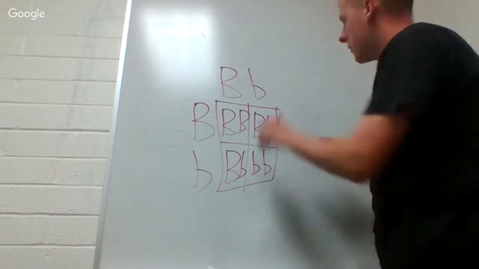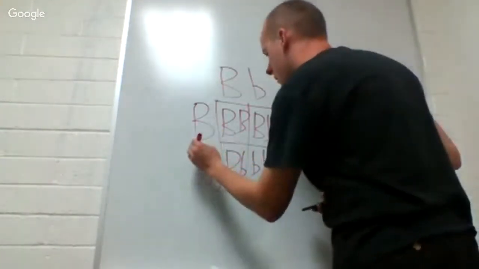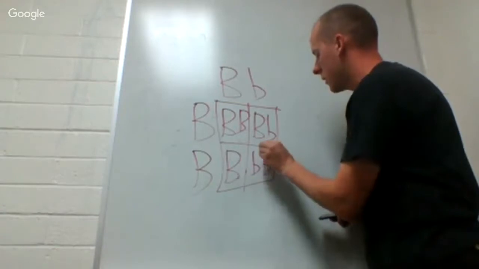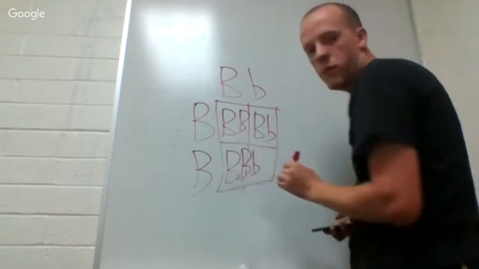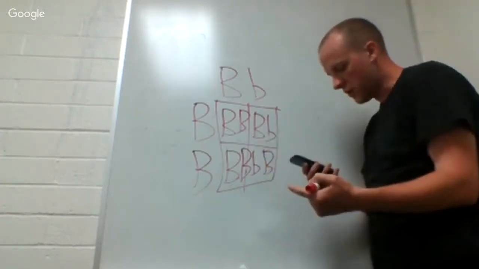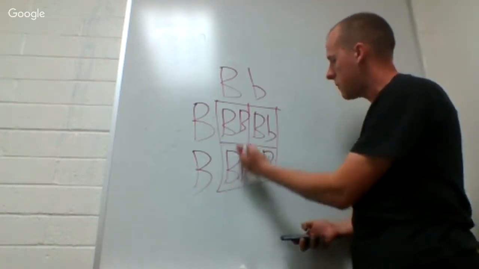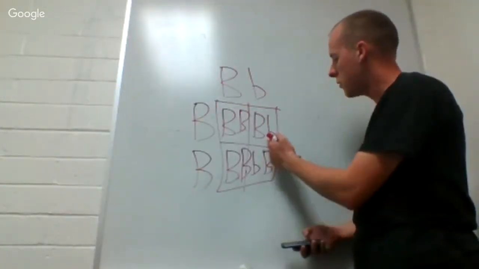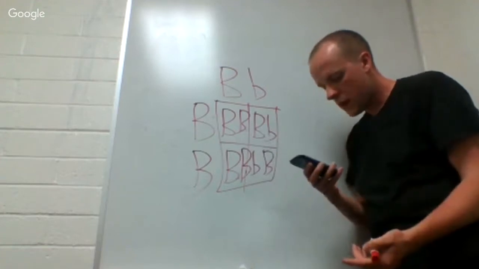Dad is going to be big B, little b, and mom is going to be big B, big B. Among females, 2 will be bearded because females have to be big B, big B to be bearded, and 2 will be unbearded, because the little b for females is dominant.